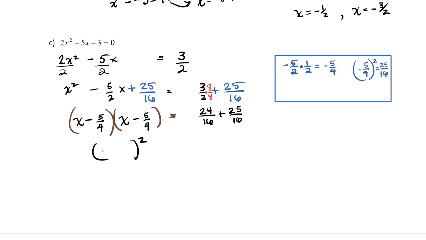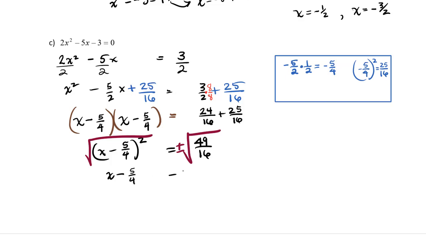Now I can rewrite this as x minus 5/4 squared equals 49/16. Now I can use the principle of powers to undo the square on the left. Don't forget the plus or minus sign. And I'll have x minus 5/4 is equal to plus or minus 7/4.